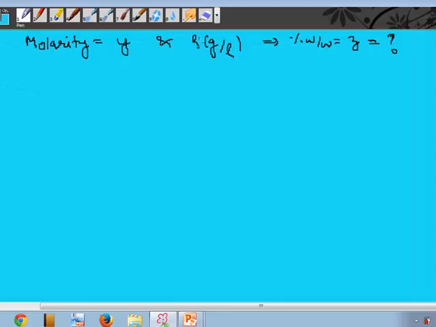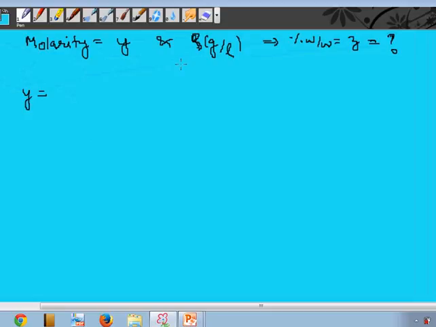We have density, this is rho. Rho is used to denote density. Molarity is Y. So what is Y? Molarity is, if you remember, moles of solute divided by volume of solution. For now we are only talking about two-substance solutions, that is, the solution has one solute and one solvent.